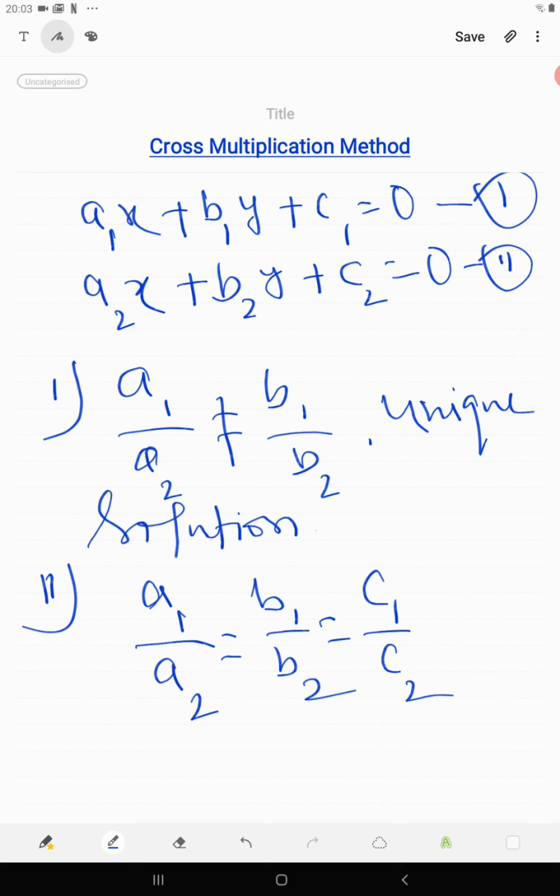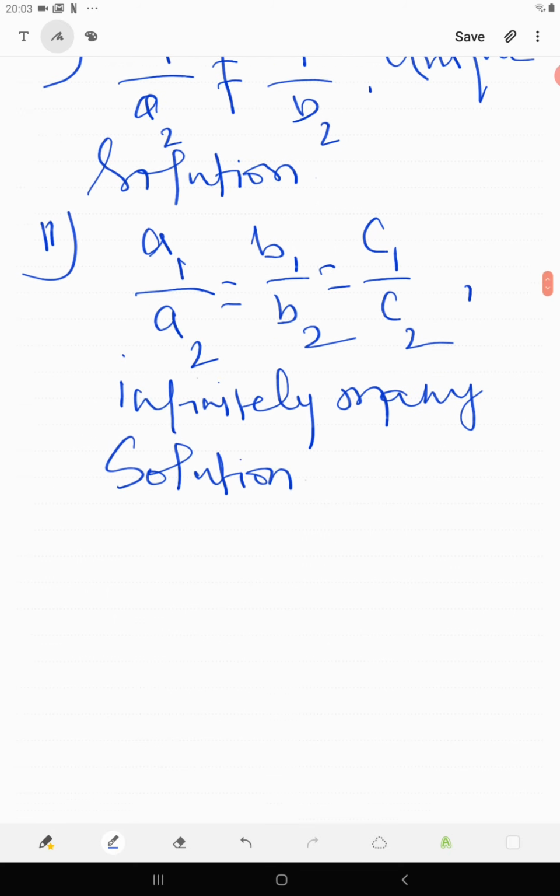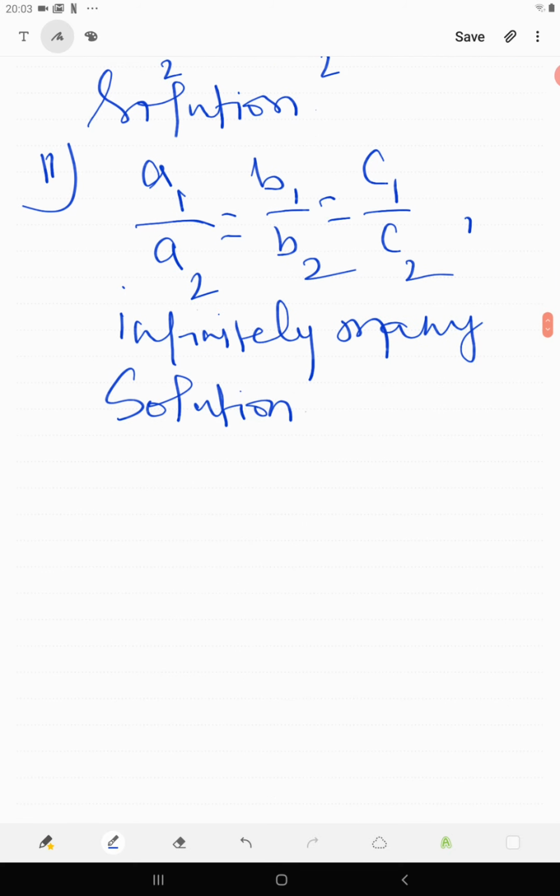If this condition is satisfied, then we will have infinitely many solutions. This is very important. If this condition is satisfied, then for the pair of linear equations we will get infinitely many solutions.